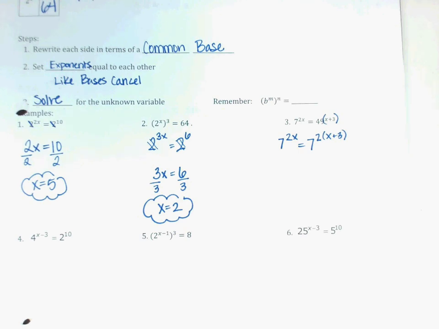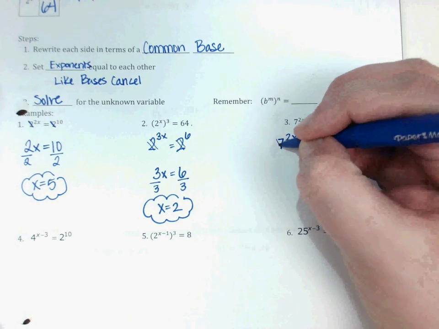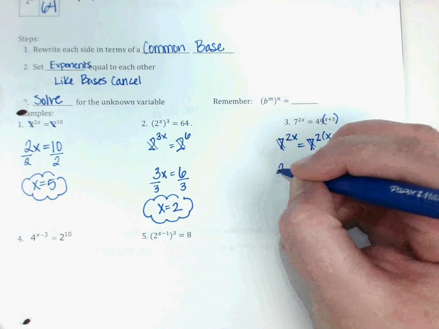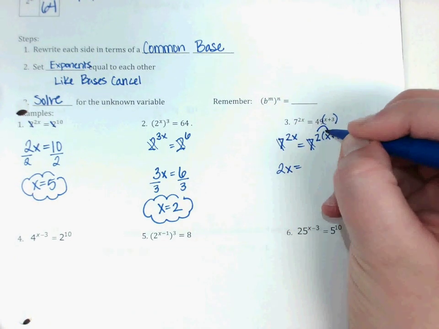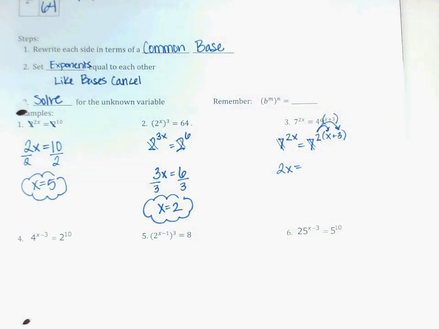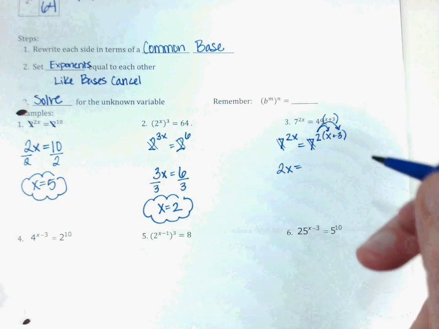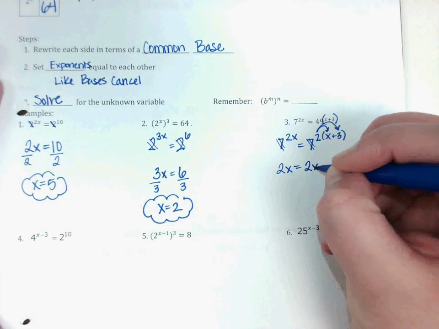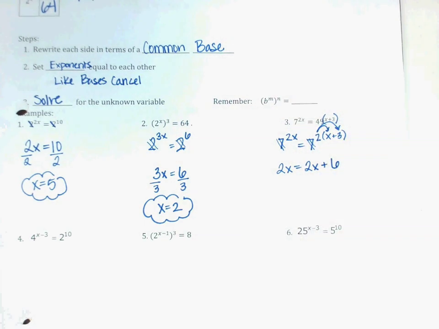Then from there, what do I do with my 7 since they match? Cancel. 2x equals, right side, we're going to distribute the 2 into the original exponent. So it's an x plus 3 times 2, now it's a 2x plus 6.